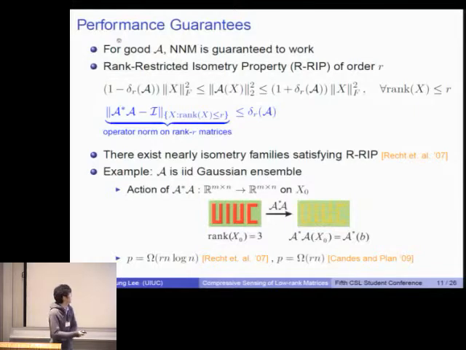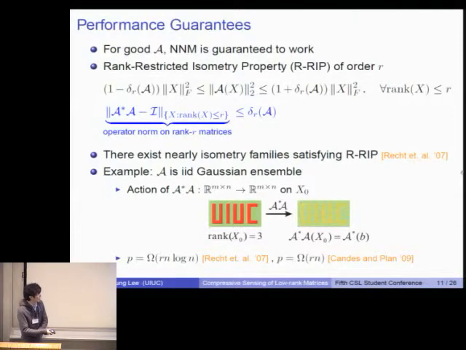It says that the self-adjoint operator A star A is almost a perturbed identity. It's quite close to identity. Actually, the perturbation is bounded by some small constant delta in its operator norm computed over all rank R matrices.